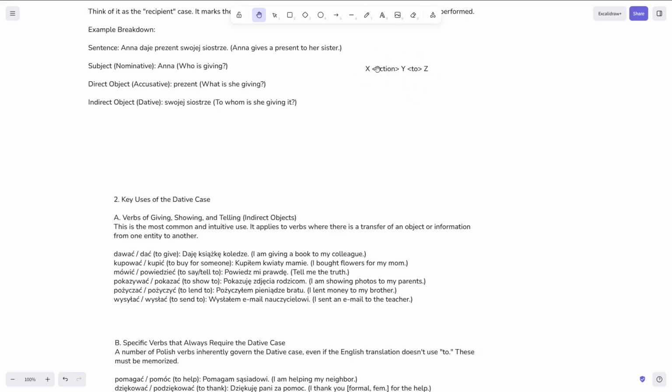Whenever you can imagine a verb that happens on a certain thing and presents the effect to someone. Okay, I will give you more examples. That's when you can expect the dative case.